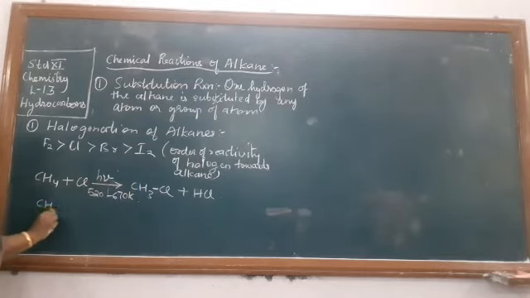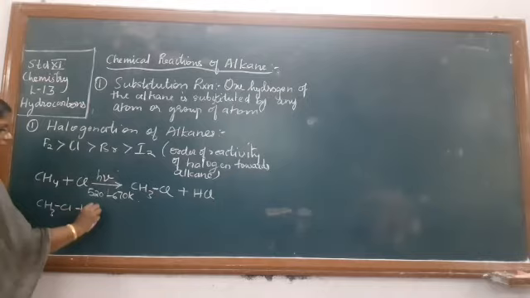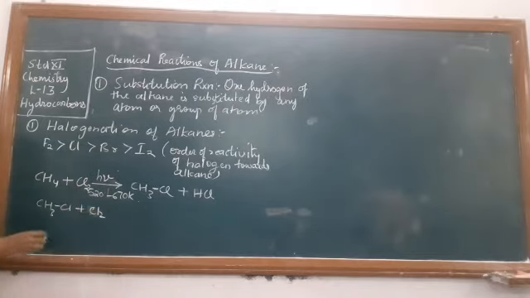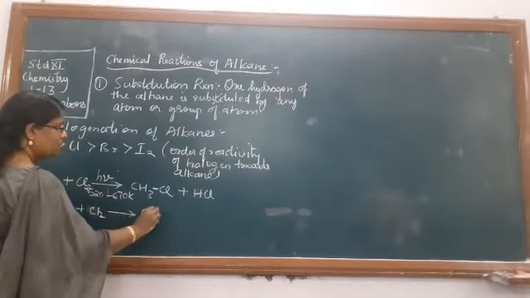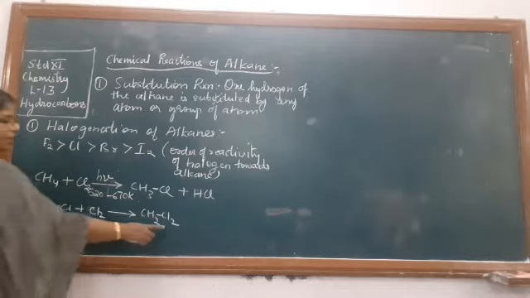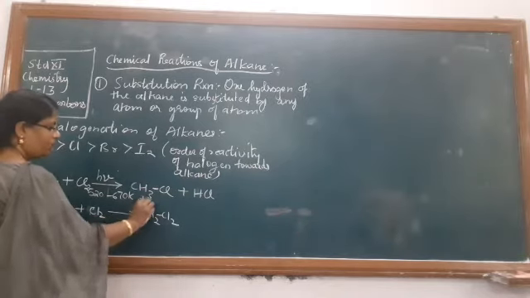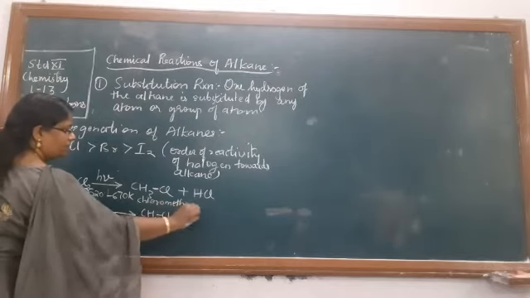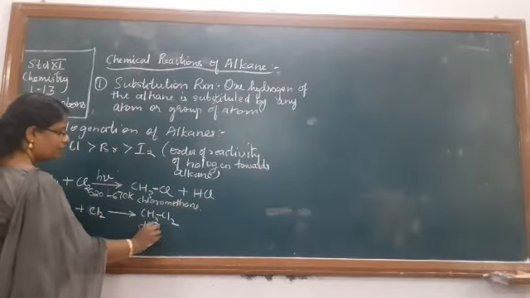CH3Cl will again react with another molecule of Cl2 to give you CH2Cl2. Okay, it is dichloromethane. This is chloromethane, and this is dichloromethane.